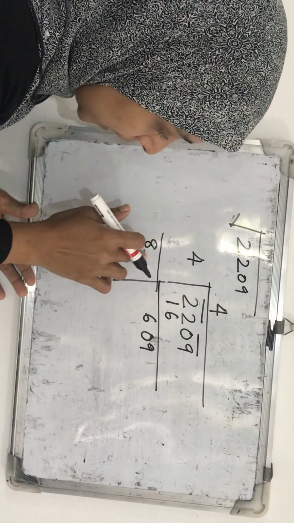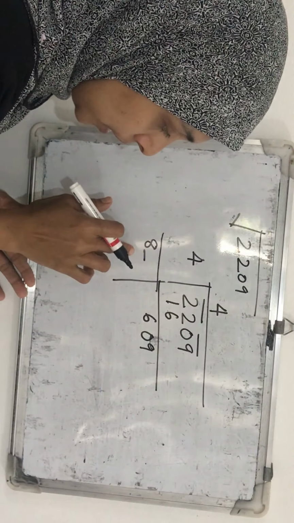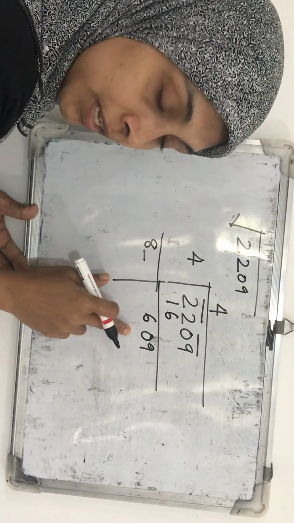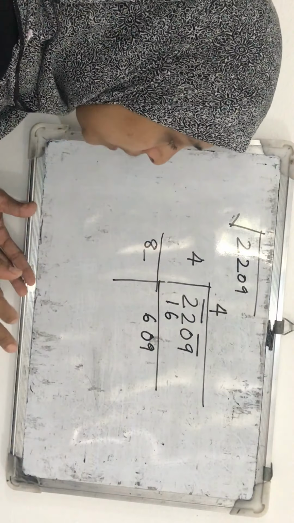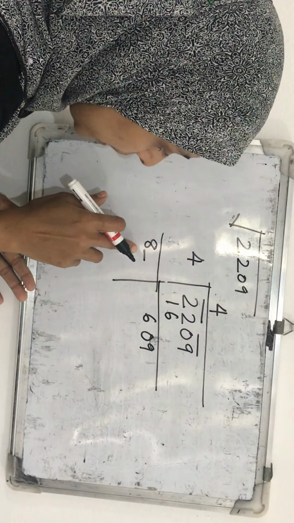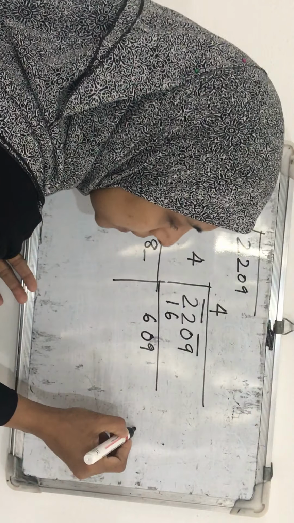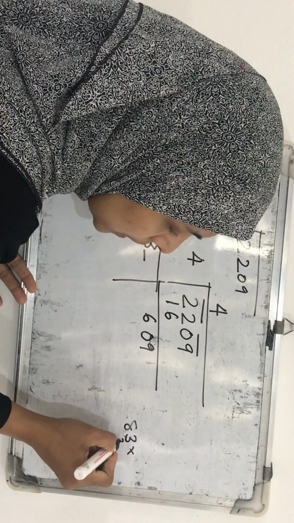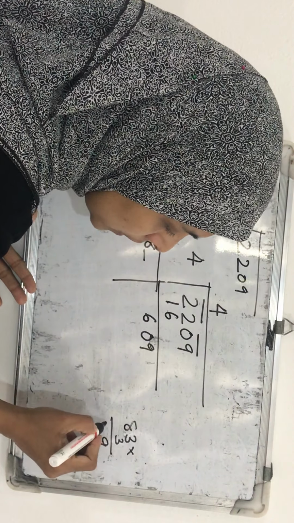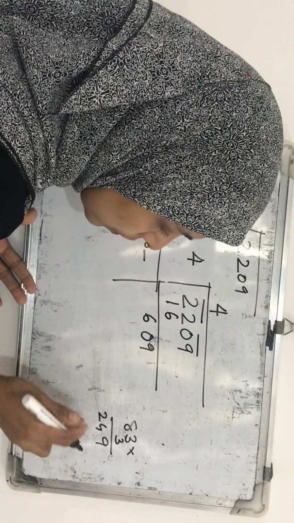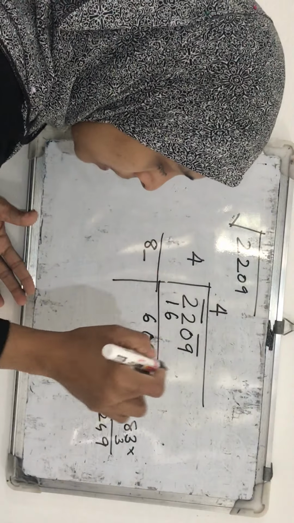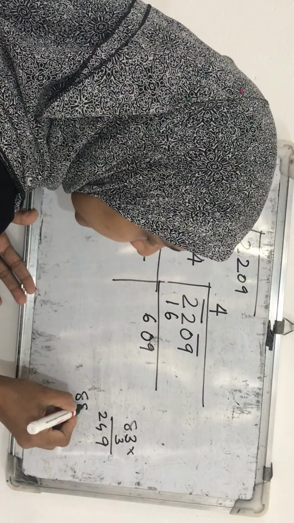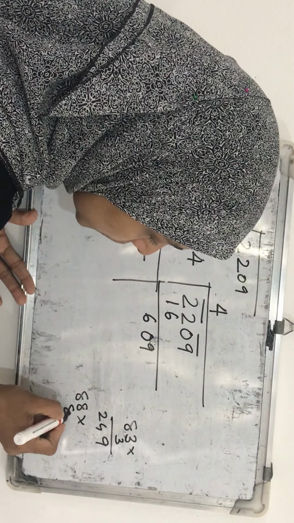If we multiply that digit with the same number, we want to get 609 or just less than 609. Now, if we just check with 3, 83 into 3, 3 into 3, 9, 3 into 8, 24, 249 only, but here I have 609. So you can take a greater number, 88, if we take 88 into 8.